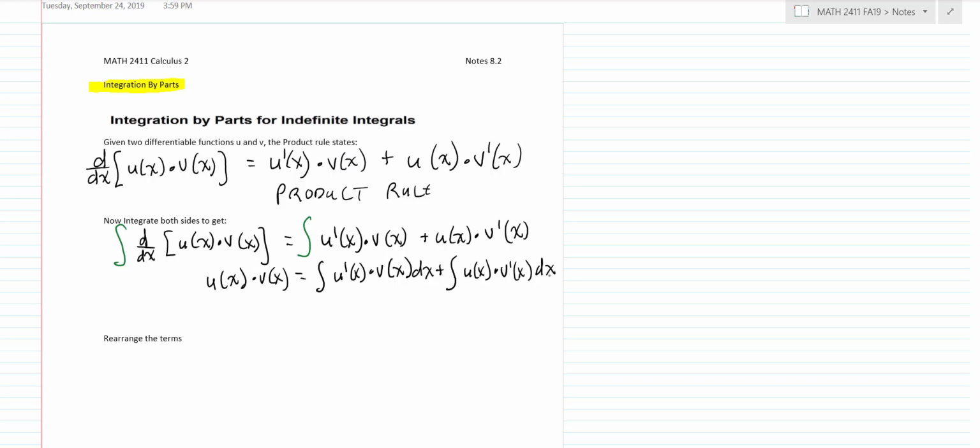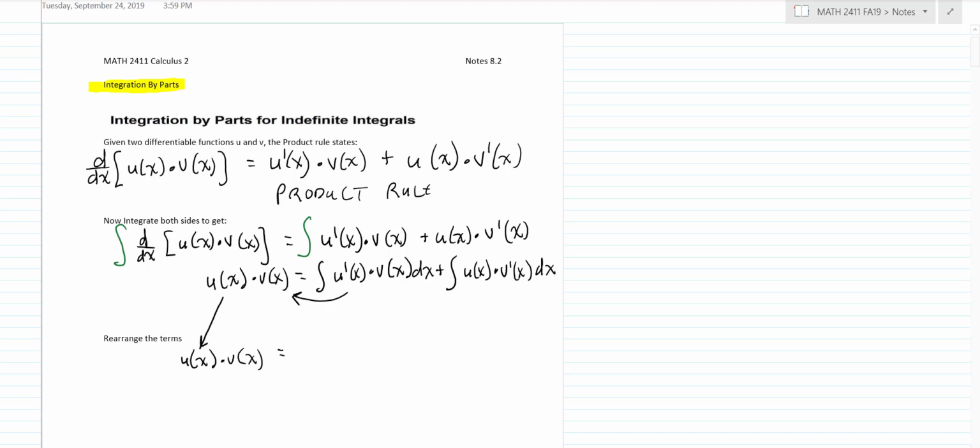Now we're going to rearrange these terms a little bit. I'm going to bring this down as u of x times v of x, and we're going to solve this equation by moving this part over here.